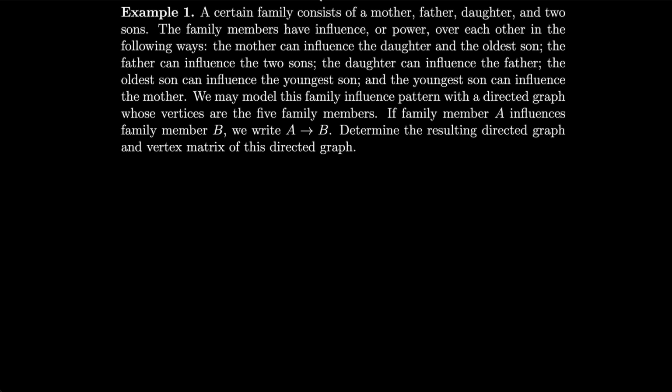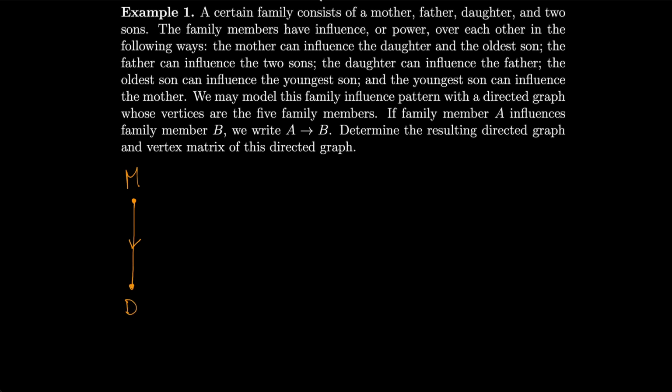So how about we start with the mother? We'll make a little vertex right over there, and we'll point that to the daughter. Actually, sorry, I'm going to put my arrow in the middle.